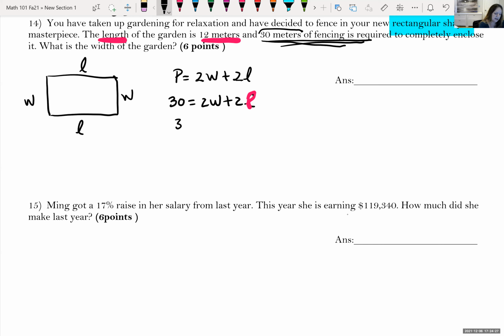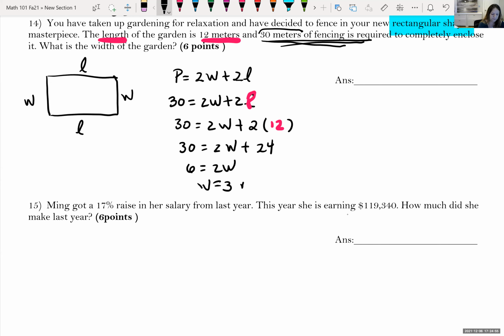Doing that, we get 30 is equal to 2W plus 2 times our length, which was 12. So 30 equals 2W plus 2 times 12, which is 24. Subtract 24 on both sides, we get 6 is equal to 2W. Divide by 2, we get W is 3. So the width is equal to 3 meters.